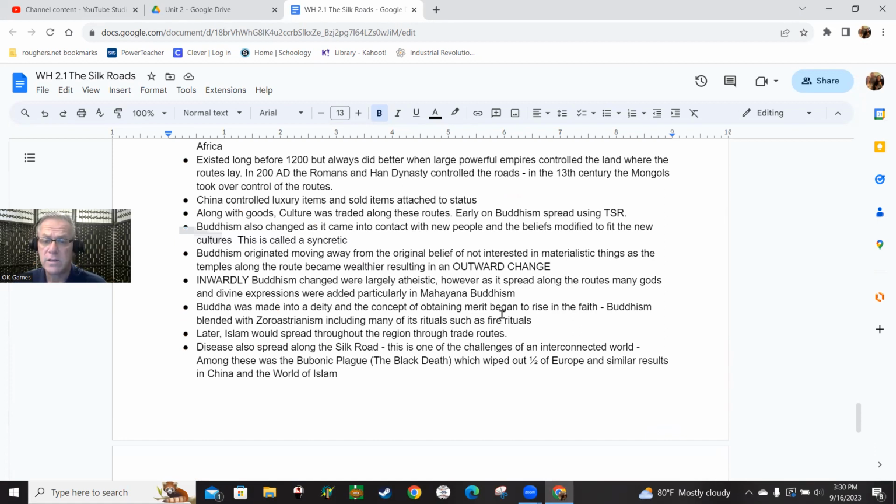So they have this syncretism that happens within Buddhism, and again, it's another internal change. Many of the rituals of Zoroastrianism are blended into Buddhism, and this is a little more popular in Central Asia, but it also finds its way along these networks as Mahayana Buddhism becomes more dominant. Islam, again, is also going to start spreading through these trade routes.